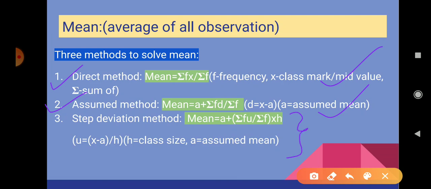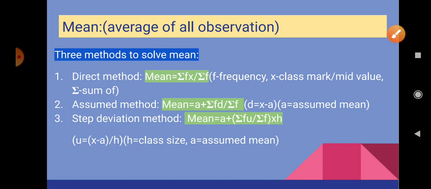Otherwise, these two are enough. If the numbers are small, go for the direct method; if they are more than 100 or 500, go for the assumed method. Clear? Now, let us understand how to solve using the direct method, assumed method and step deviation method.